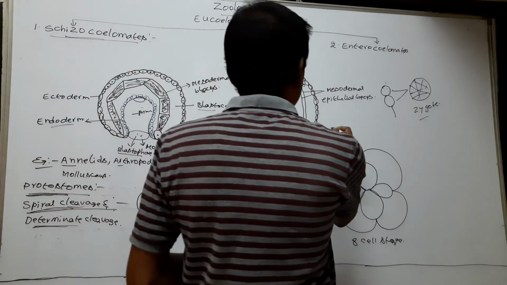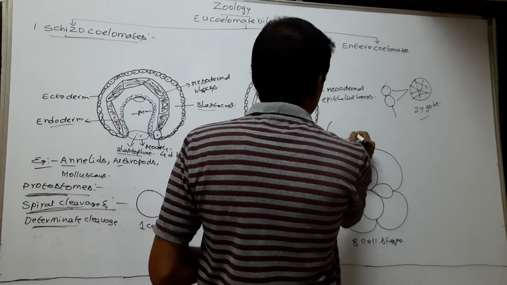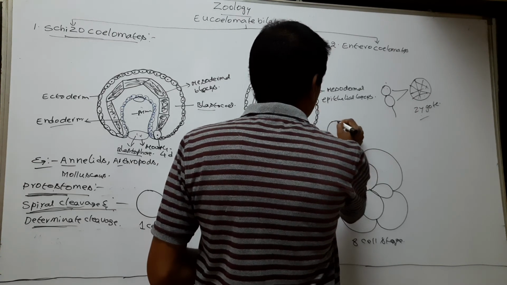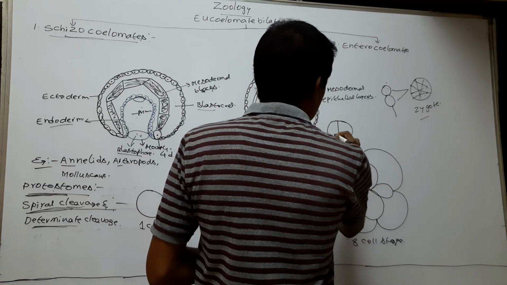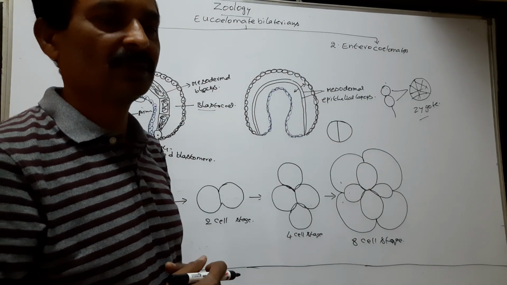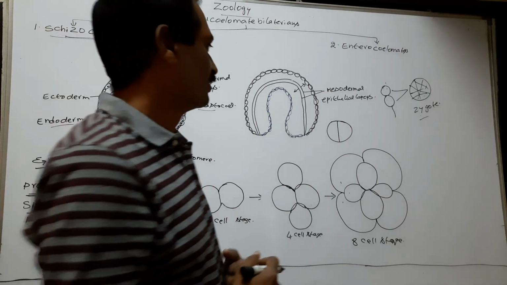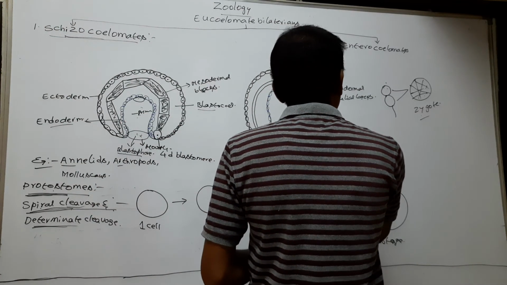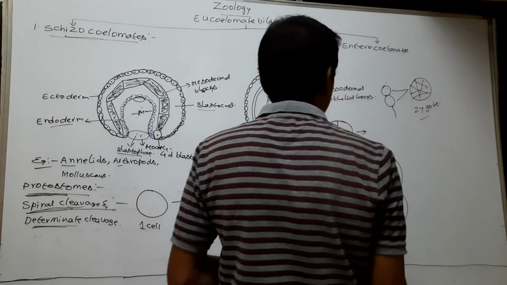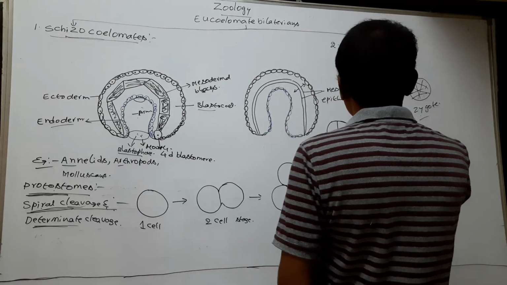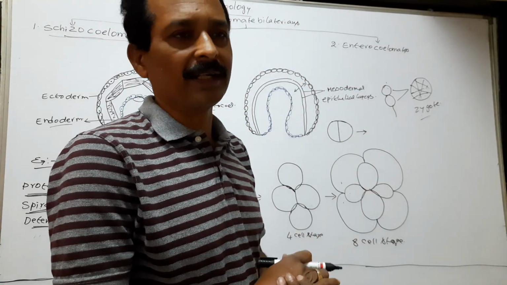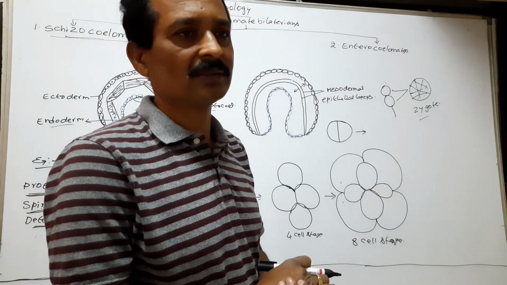So here this is the zygote. After the first division, two cells are formed. Generally, these two cells do not separate from one another.